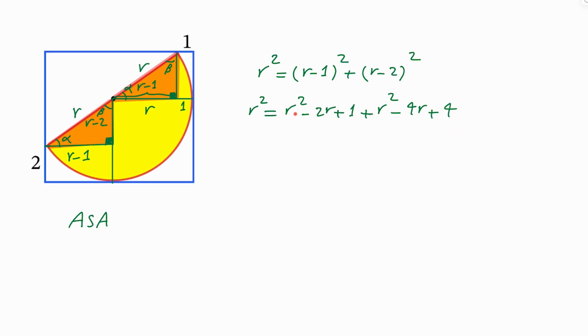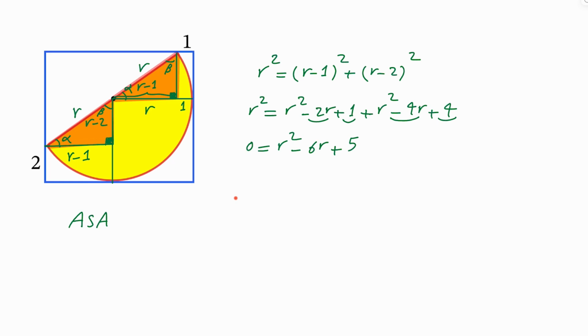We can simplify it and subtract r squared from both sides, and we will have 0 is equal to r squared minus, we add these two terms, 6r, and finally add these two terms, plus 5.